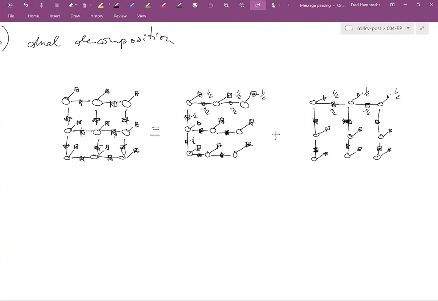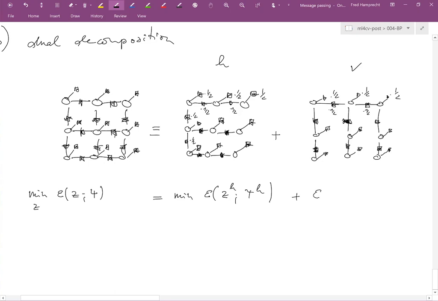I can say the minimum over my energy, which is defined over all variables z and all potentials psi, I can write an equivalent minimization problem where I use one copy of the variables for each model, let's say this is the horizontal, this is the vertical model: z horizontal with a set of potentials psi h plus an energy of z vertical with potentials psi vertical.